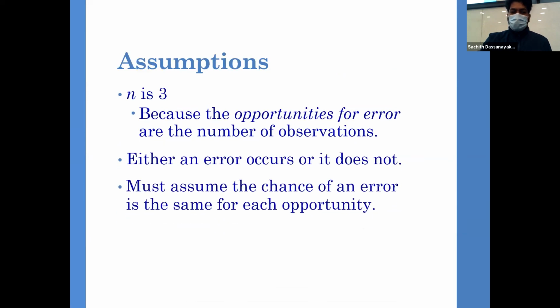Assumptions, normally we denote these like assumptions. Simple n, the number of observations. Here n is 3. In this example, the number of observations is 3. Either an error occurs or not, only 2 possible outcomes each time.